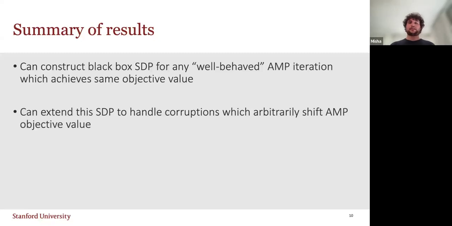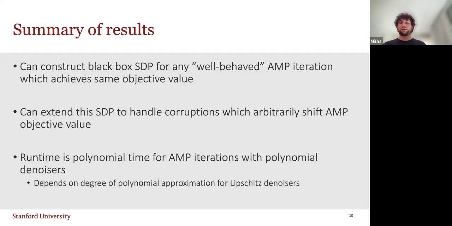We can extend this SDP to not just handle the base AMP input, but to handle corruptions which can arbitrarily shift the AMP objective value and still obtain an answer which is close to the original AMP objective value. The runtime is polynomial time when we have polynomial denoisers. But it depends on the degree of polynomial approximation for Lipschitz denoisers, which is not the worst problem in the world. It just adds a little bit. Great, that is the summary of results.